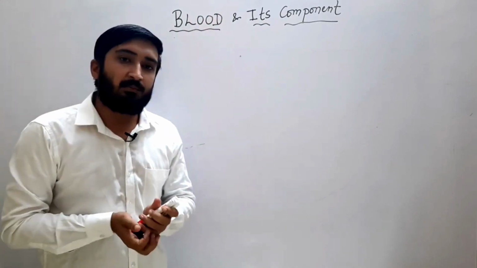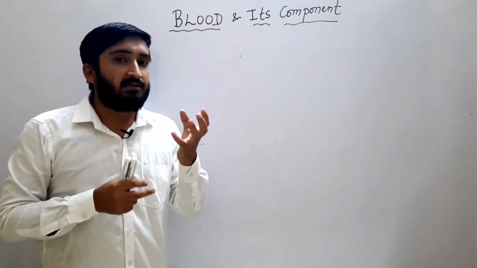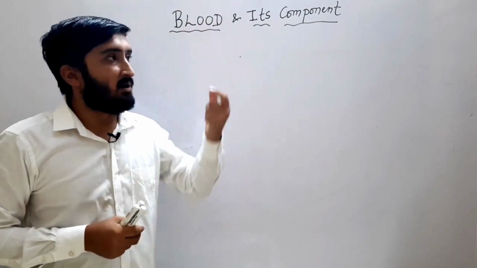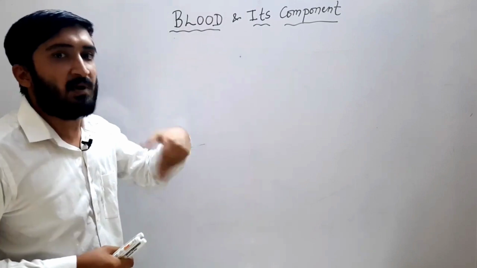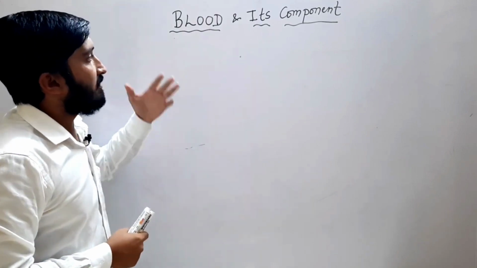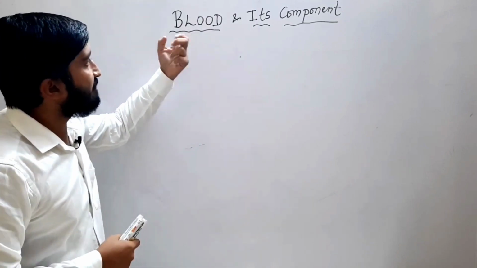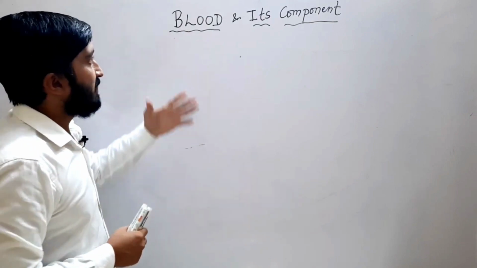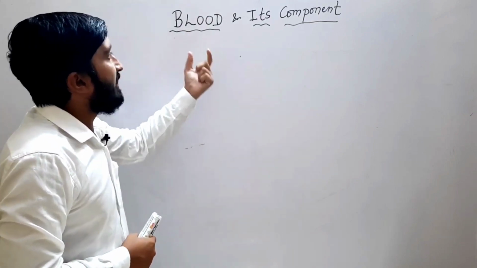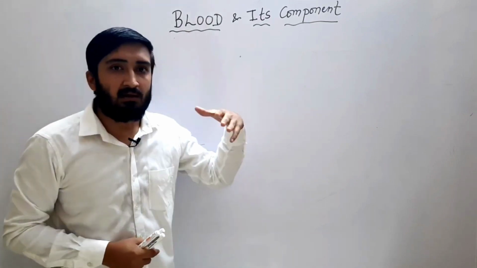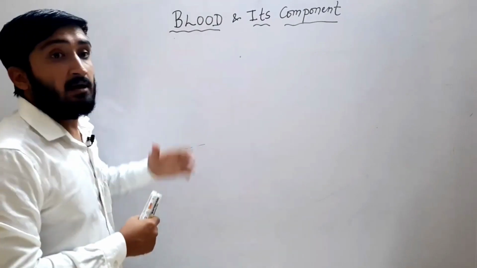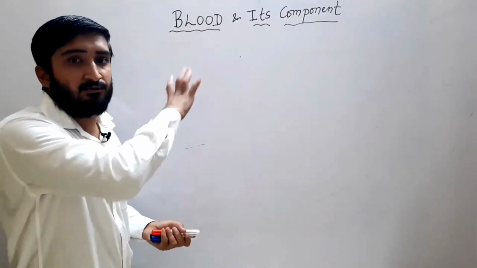For example, RBC is meant for gaseous transport like CO2 and oxygen. In the respiration chapter you will see how gaseous transport takes place. So blood is helpful in gaseous transport, and the water present in the blood provides the medium for many reactions. Okay, so these are the general functions of the blood.